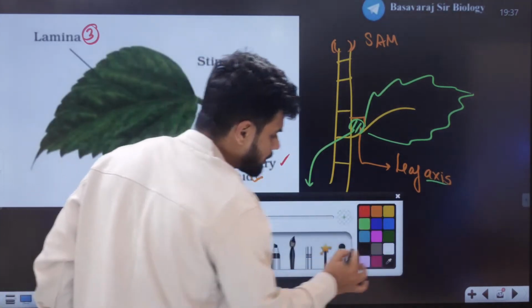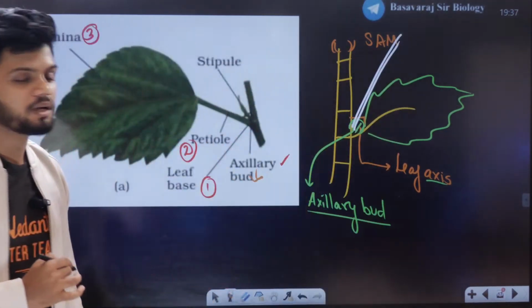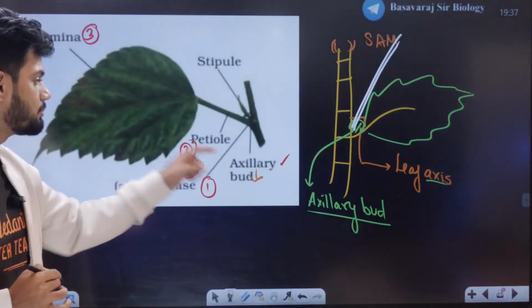Now this axillary bud can develop into a branch or a flower.